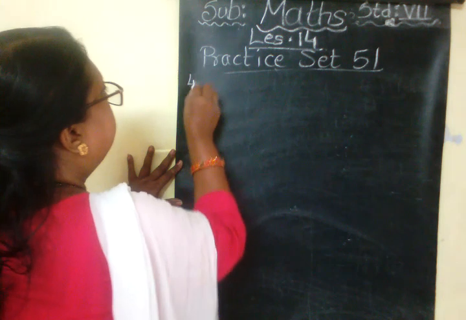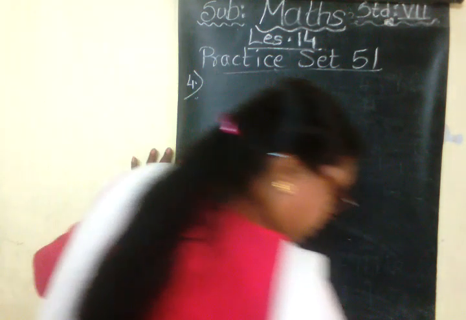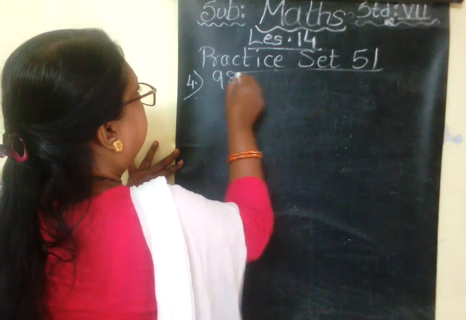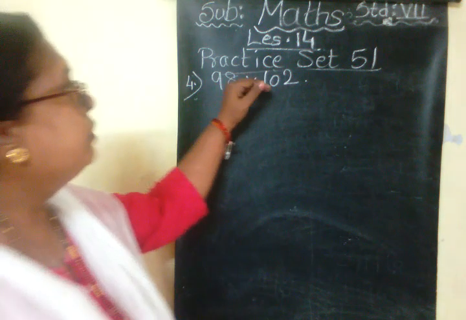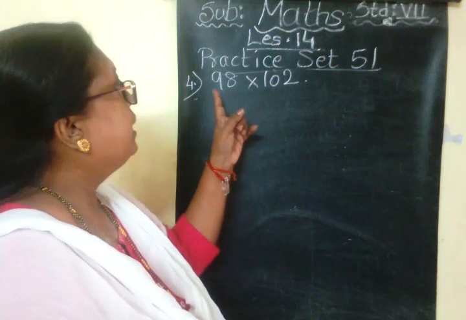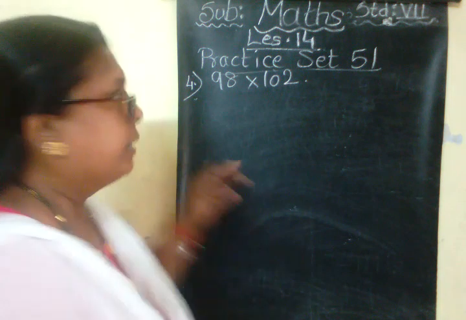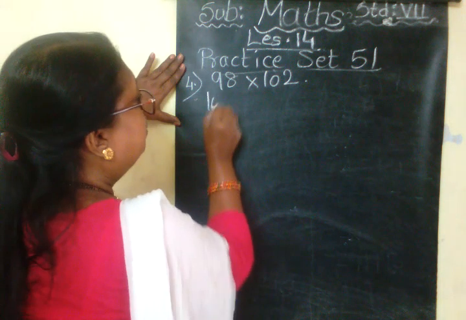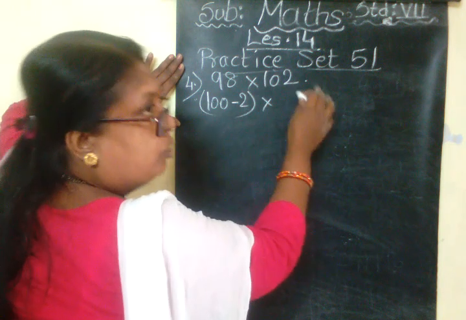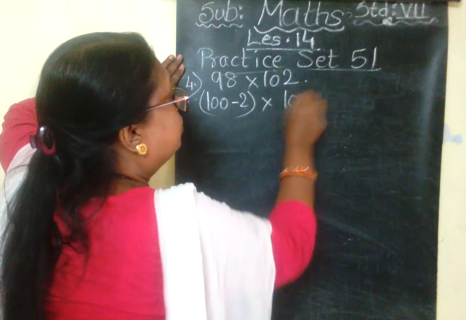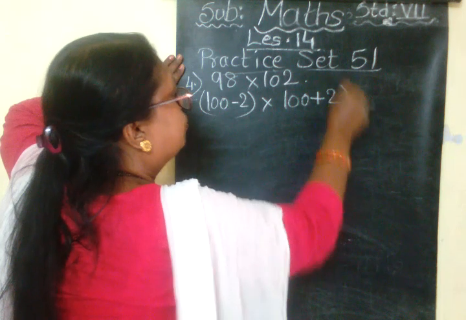Fourth sum. Find the values. 98 multiplied by 102. Again you have to convert these numbers into binomials. Now 98 is near 100. So I will convert it into 100 minus 2, multiplied by 102, which is also near 100, so 100 plus 2.